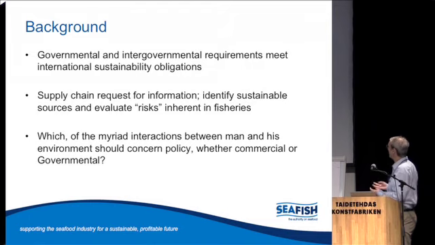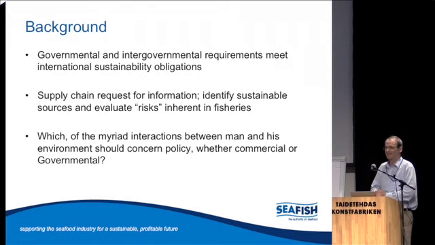Well, how can we understand sustainability and evaluate risks? We all have to eat fish, but what are the risks attached to this particular fishery or this particular fish? So this next question, for risk screening: all those interactions between man and his environment, which ones should actually concern us? We can't examine everything.